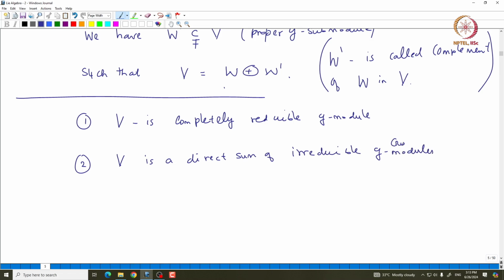Actually, one can just take them to be submodules, not a problem. But we can actually have a weaker version of this. One can replace direct sum by just a sum, and still the statement will be equivalent to completely reducible.